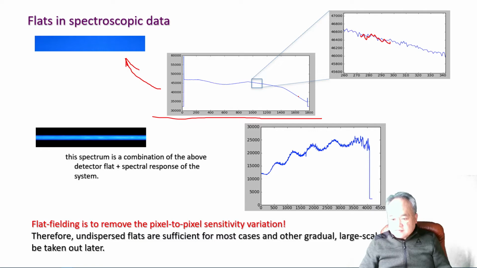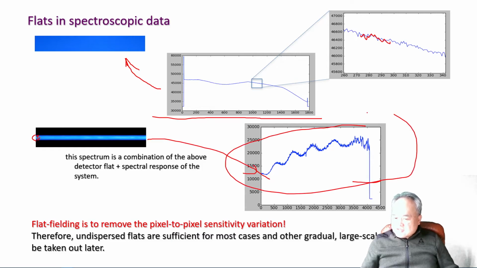Okay. On the bottom, when we extract the counts over certain lengths of the data, in which case the length of the whole long slit, then collapse into the 1D spectrum and display it, then you can see here.